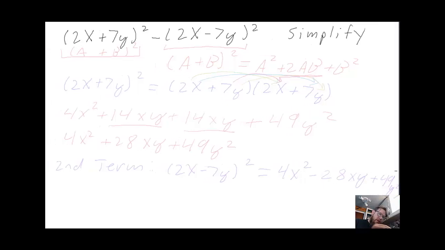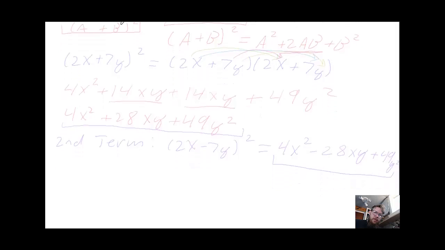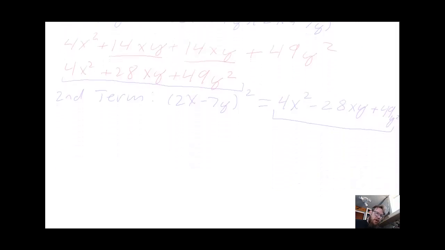So now we want to take our first term, what we found, 4x squared plus 28xy plus 49y squared, and we have to subtract our second term. So I'm going to rewrite that.